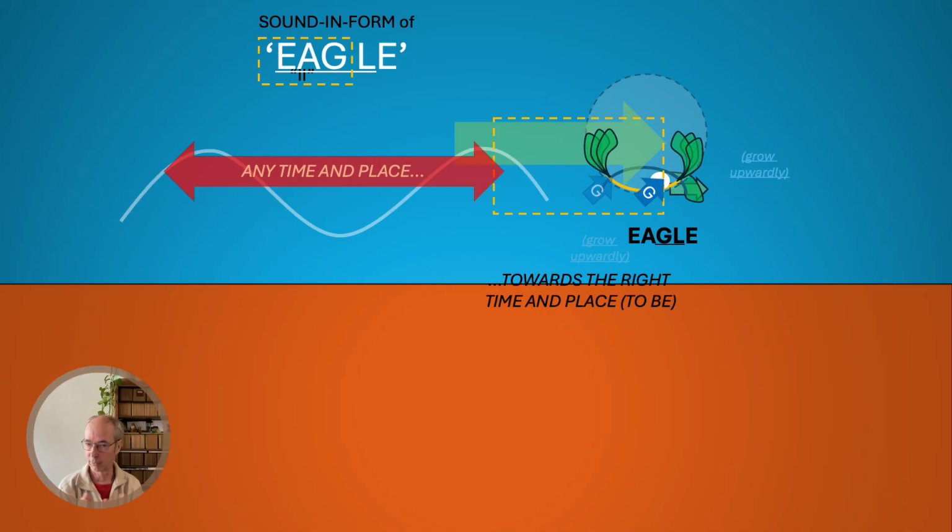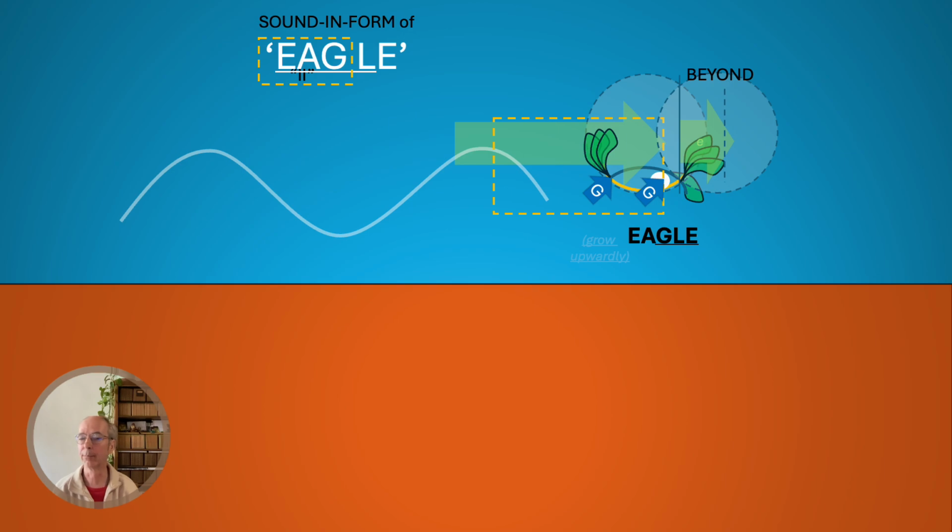I go, of course, the G will push it upwardly, but it also will push it beyond it towards a bigger concept. So I can have this pushing up of form towards the bigger concept, towards another form, the form beyond it, behind it.